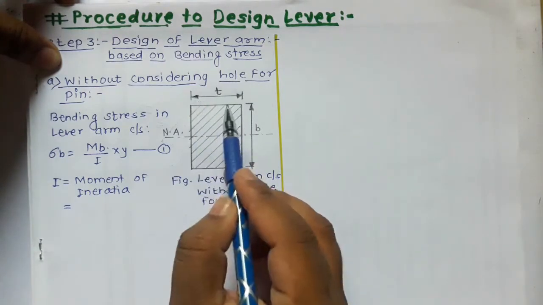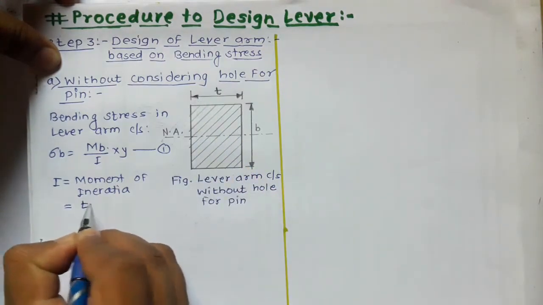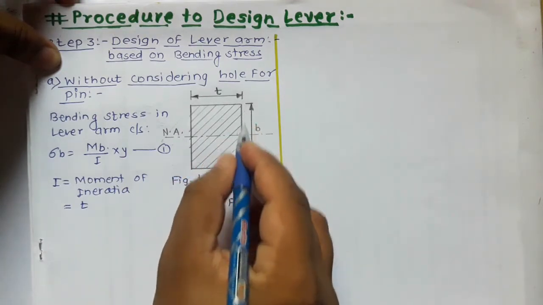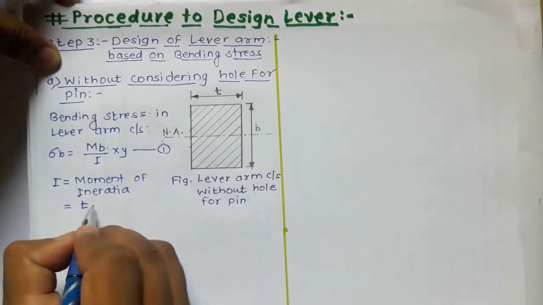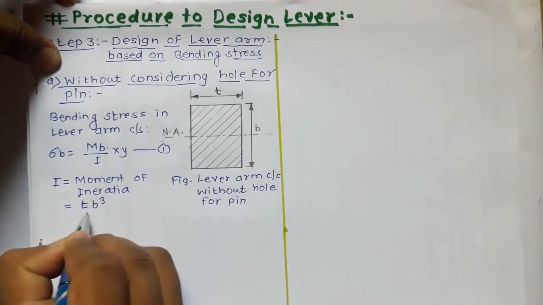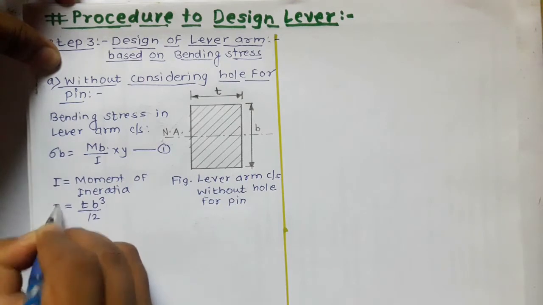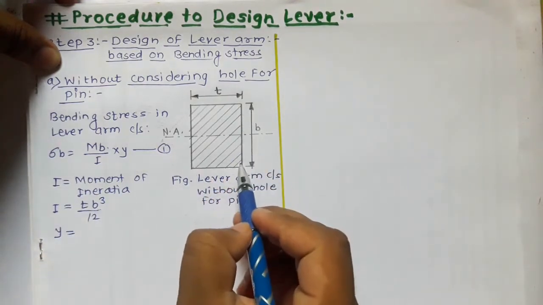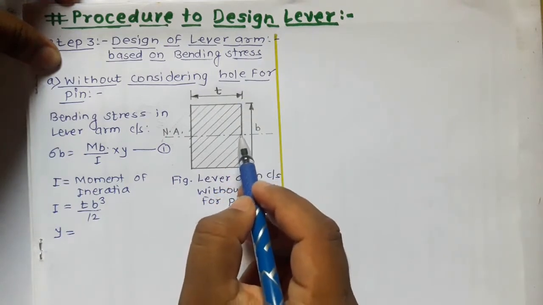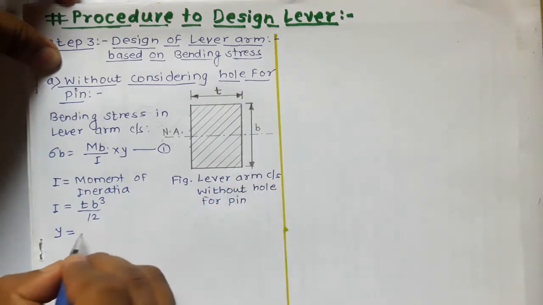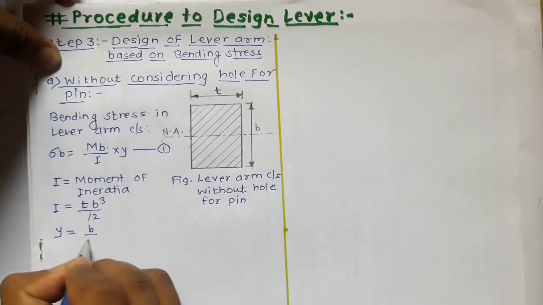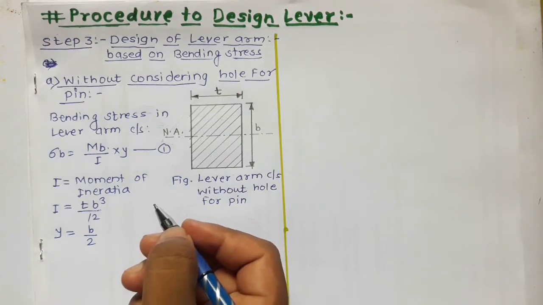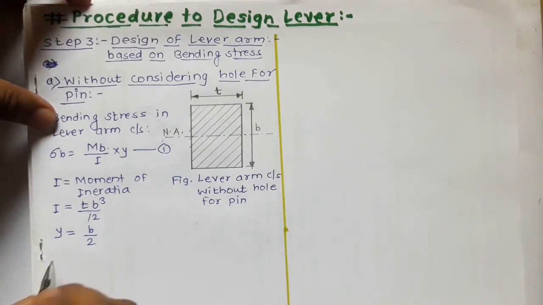So we write t as it is, and take the cube of the edge perpendicular to the neutral axis, which is b. So t b cube upon 12 is the moment of inertia, and the distance from the neutral axis is half of this width. Its height is b, so y will be b upon 2.